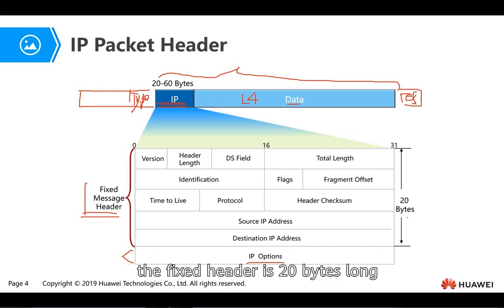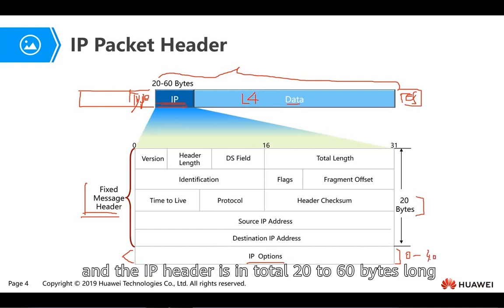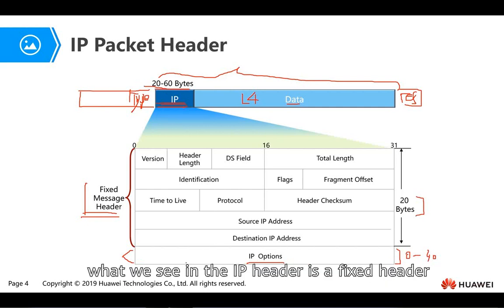The fixed header is 20 bytes long, and the IP options may be variable, from 0 to 40 bytes. In total, the IP header is 20 to 60 bytes long. But usually what we see in the IP header is the fixed header.